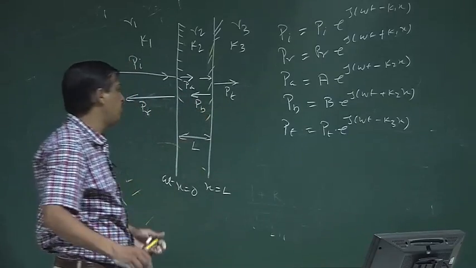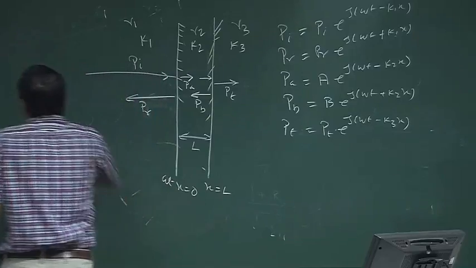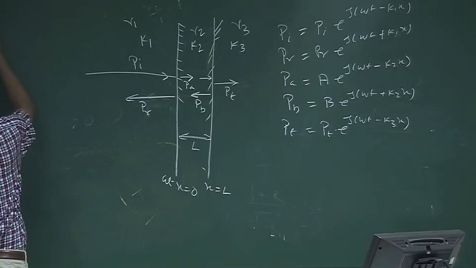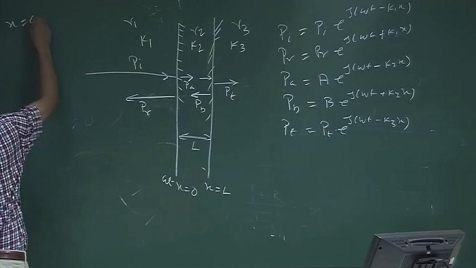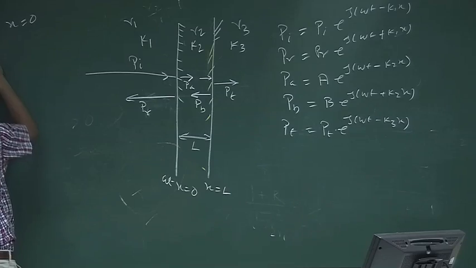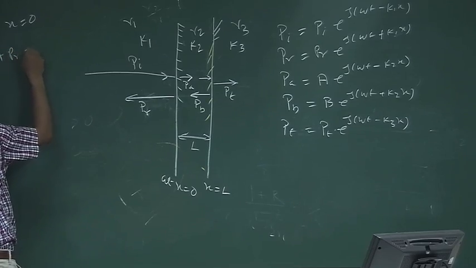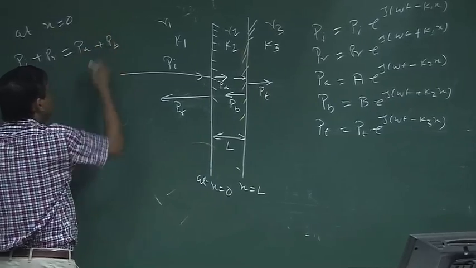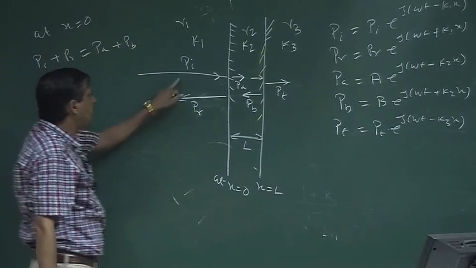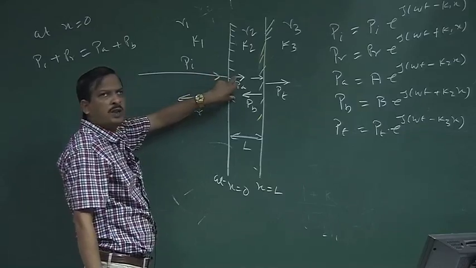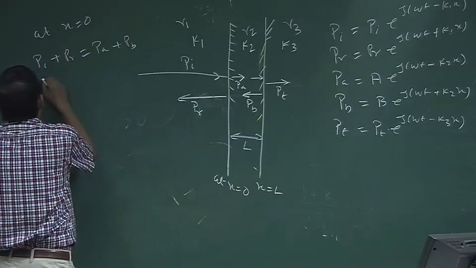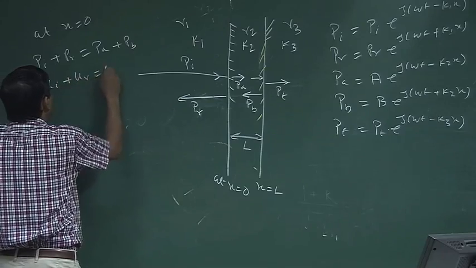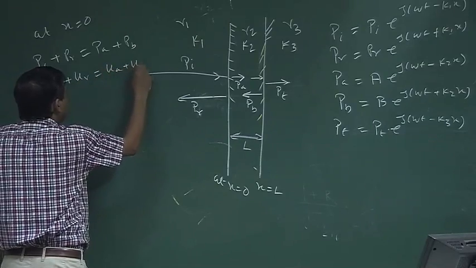Now, put in the boundary conditions. There are two boundary conditions. At x equal to 0, the pressure on this side, Pi plus Pr, is equal to the pressure on that side, Pa plus Pb, and the normal component of the particle velocity, ui plus ur, is equal to ua plus ub.